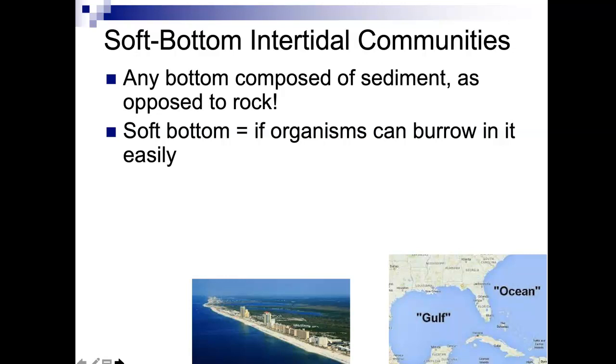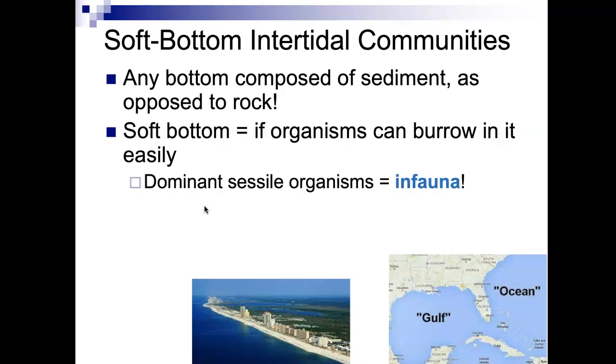Because epifauna are things that attach to the top of something like a rock. So in your soft bottom communities, you are going to have things that can't attach to the top of the sediment because it's not stable. So you're going to have things that are going to be more infauna, organisms that can burrow in easily. So our dominant sessile organisms here, dominant non-motile organisms here are going to be infauna.